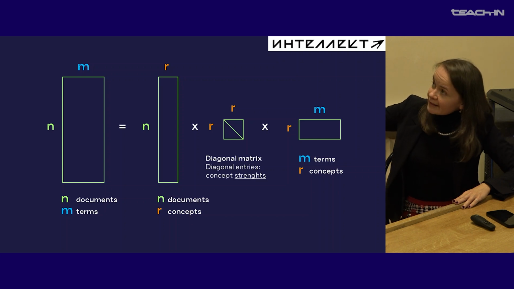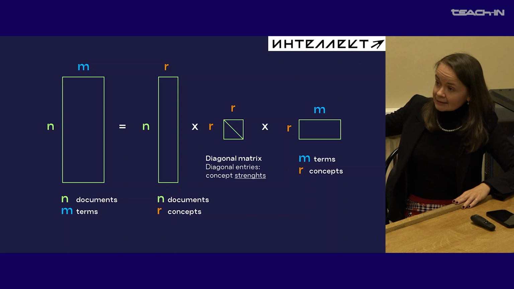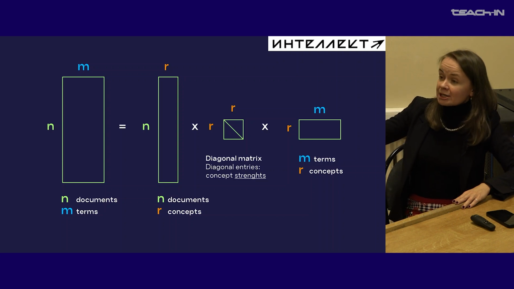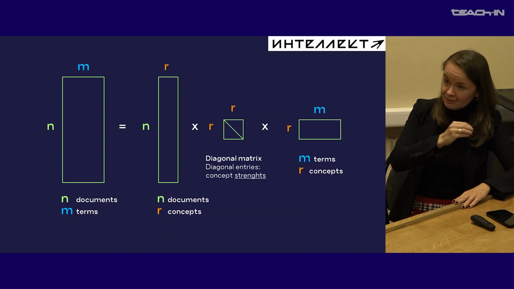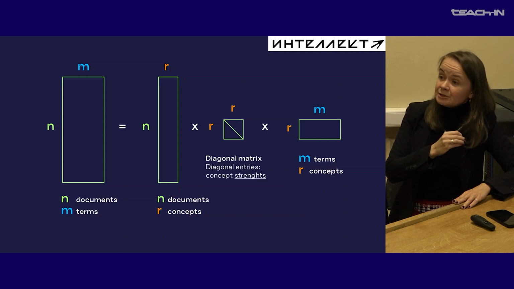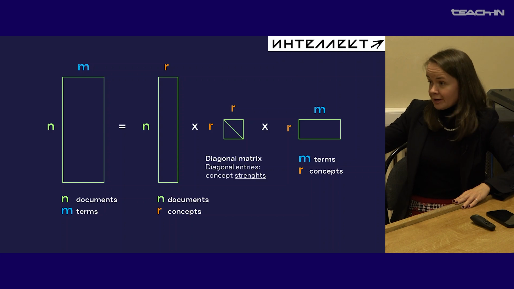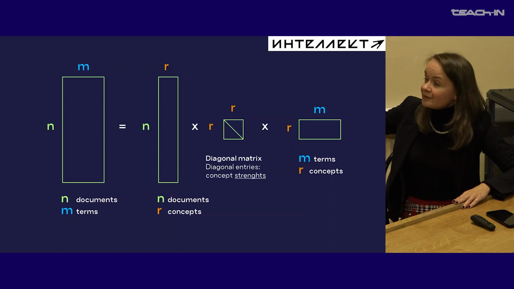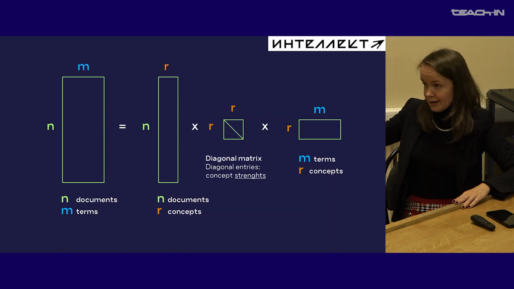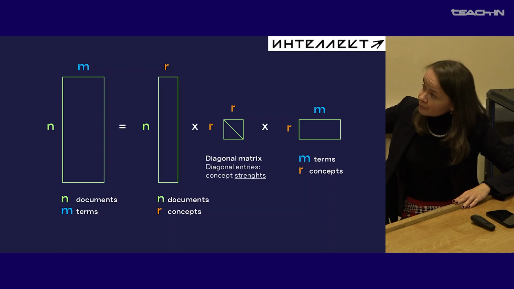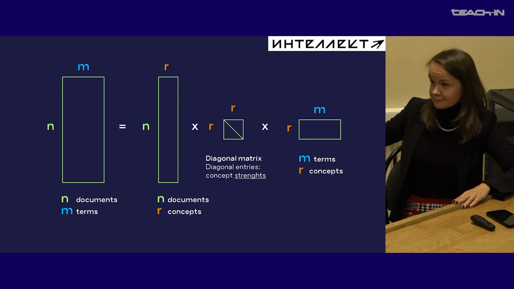So thanks to latent semantic analysis done like this, we can figure out not just the terms like we did in this case with Shakespeare's plays, terms meaning words, but we can figure out the concepts behind the words that are important per particular document.